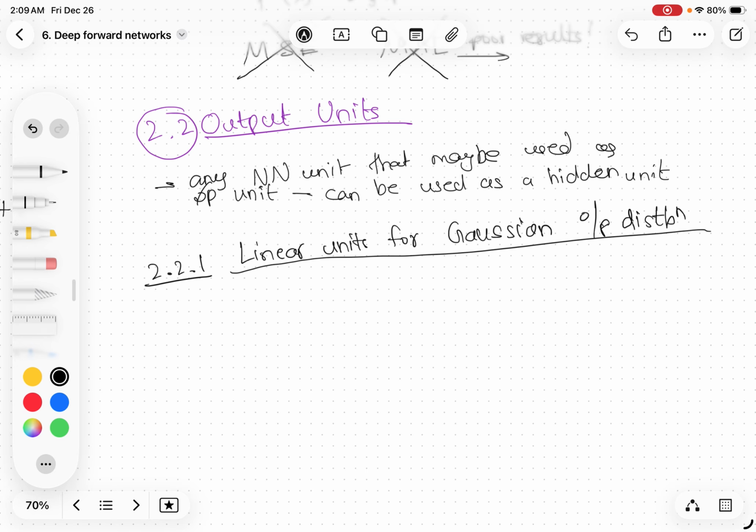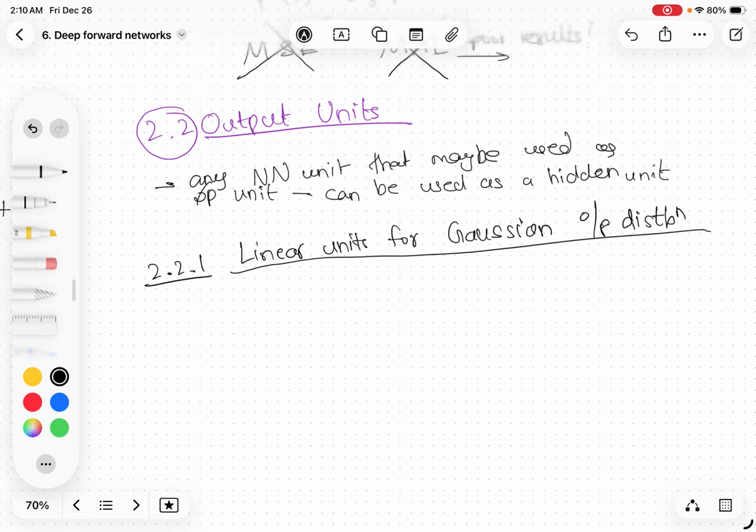Linear output layers are often used to produce the mean of a conditional Gaussian distribution. Maximizing the log likelihood is then equivalent to minimizing the mean squared error.